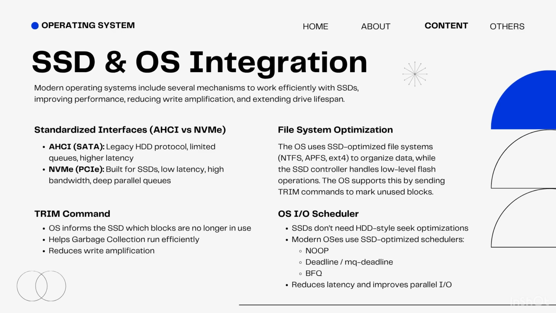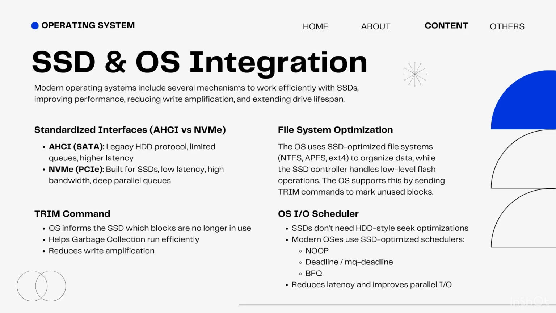Let's look at how SSDs work together with the operating system to improve speed, performance, and security. There are two main SSD interfaces. AHCI is the older one made for HDDs, slower and with higher latency. NVMe runs over PCIe, giving very high speed and low latency.